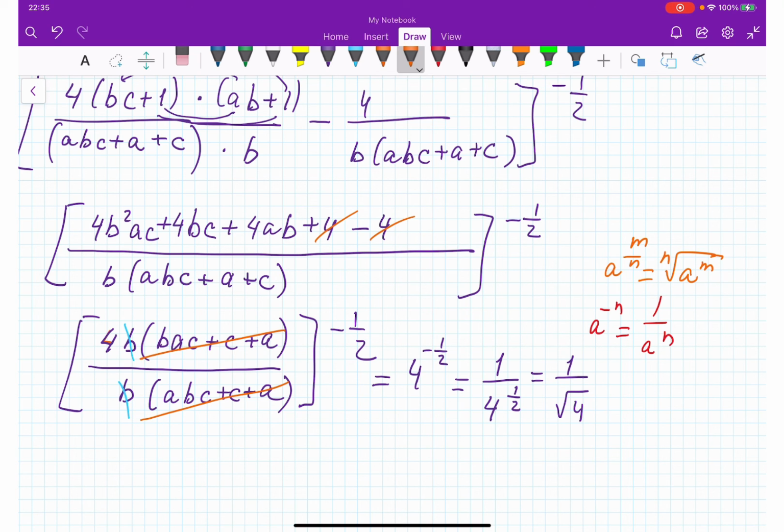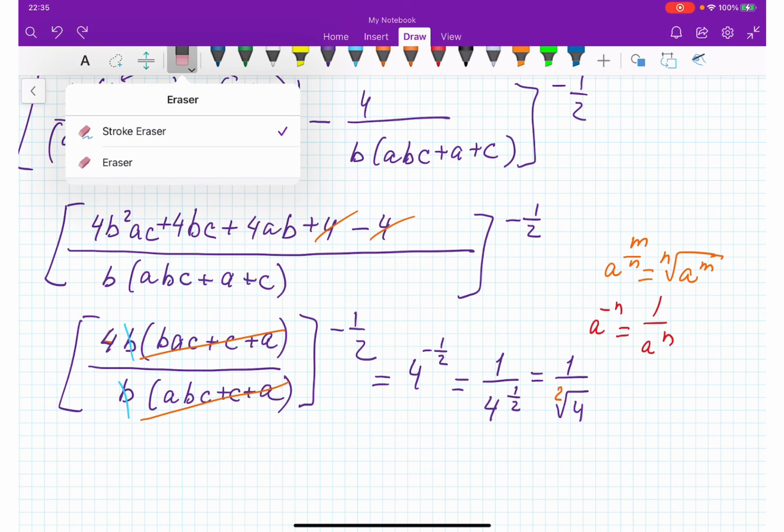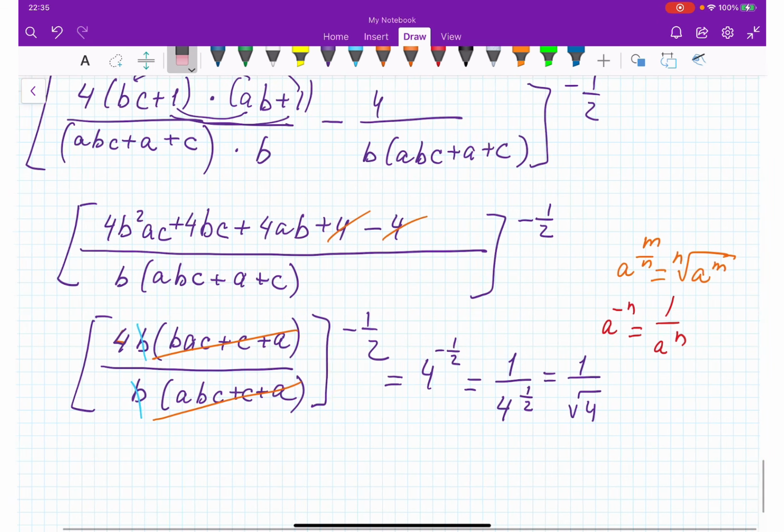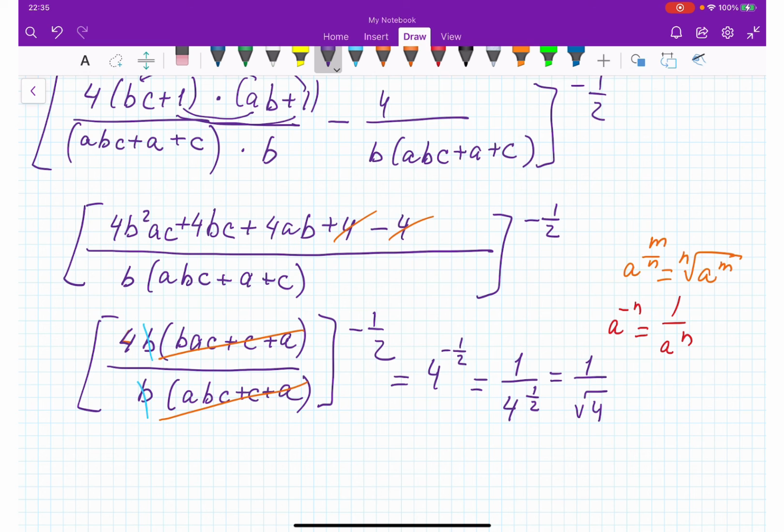So for square root, we don't put 2 here, because by default we know it is 2. And we have here 1 over 2, right? So as a result, we are going to get 1 over 2. And that is going to be our answer, 1/2.